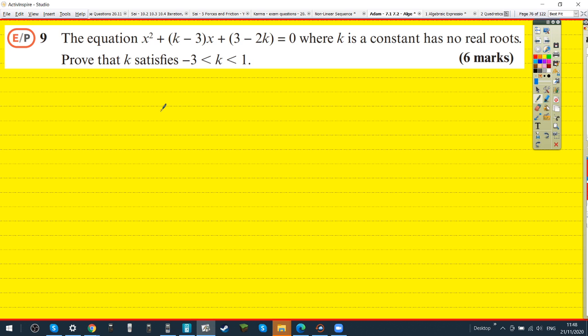So would you work out what A, B, and C are first? Yep. So is A just 1? Yeah. B is k minus 3. And C is 3 minus 2k.